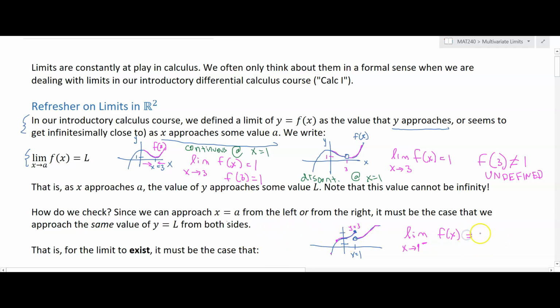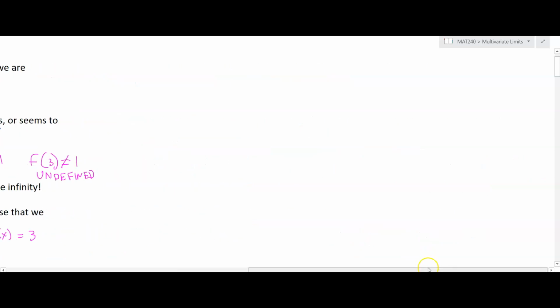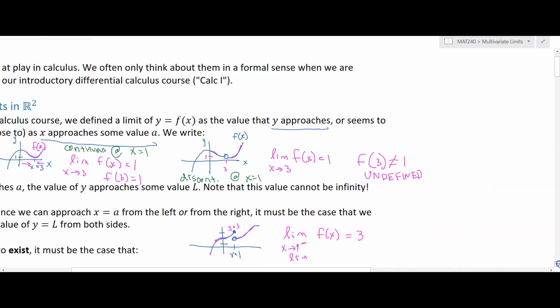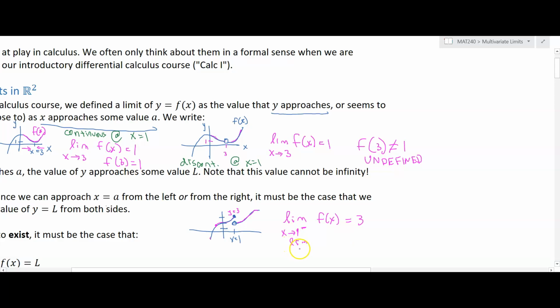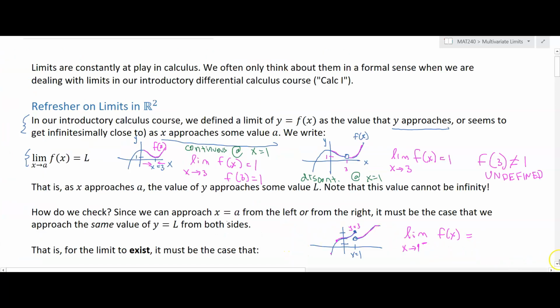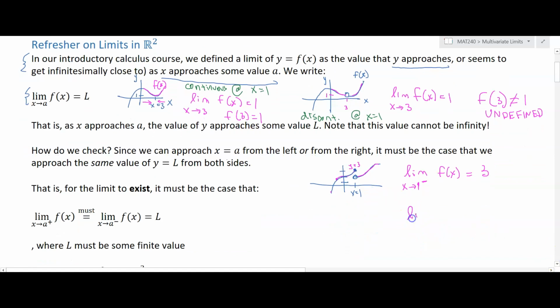From the left we said we get a y value of 3, but the limit as x approaches 1 coming from the right-hand side of f of x, if we could get to x equals 1, it appears that our y value would be 2.